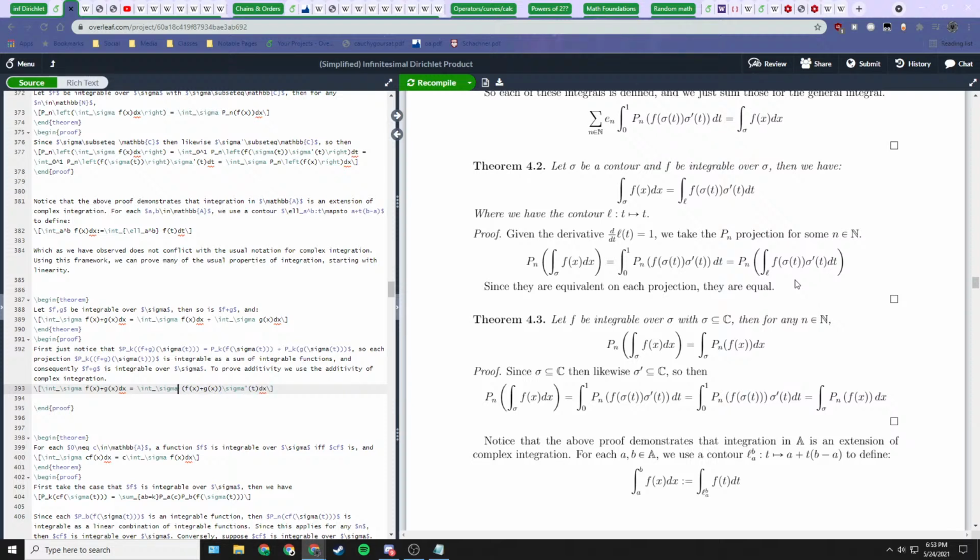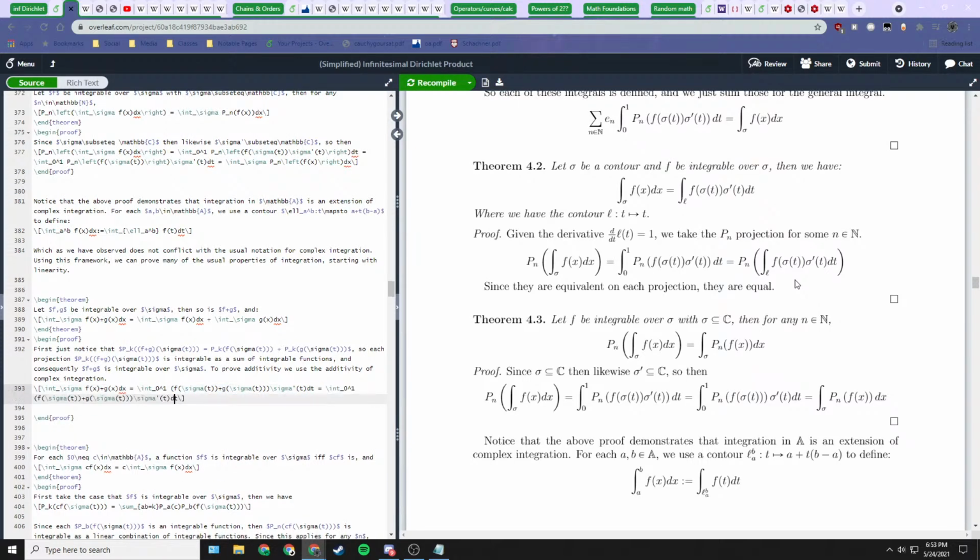So this will go from 0 to 1. We'll have sigma t in both of these. And then we want to separate this out.